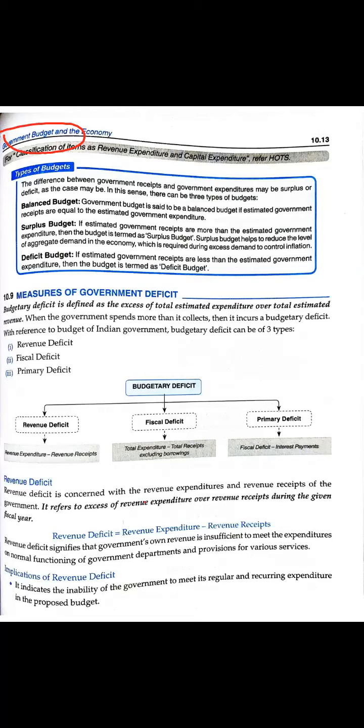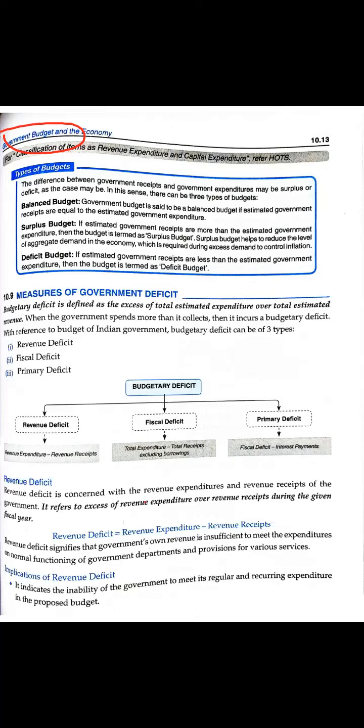Okay, so when revenue is less than the expected expenditure. Estimation is a word which refers to the budget. So when the expenditure is more than the revenue, more than the income, then it is called deficit, that is, budgetary deficit.